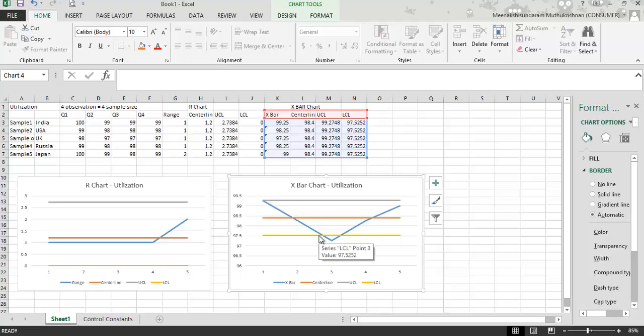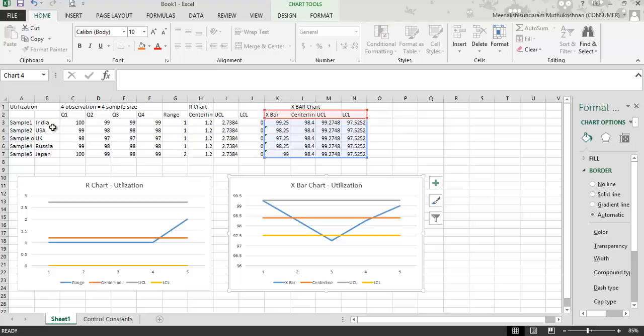So I hope you understand how this XBAR R chart helps a company understand how it is performing individually, and how it is performing together compared to each other. This is just an example, and you can take this thought forward and implement it in your projects.